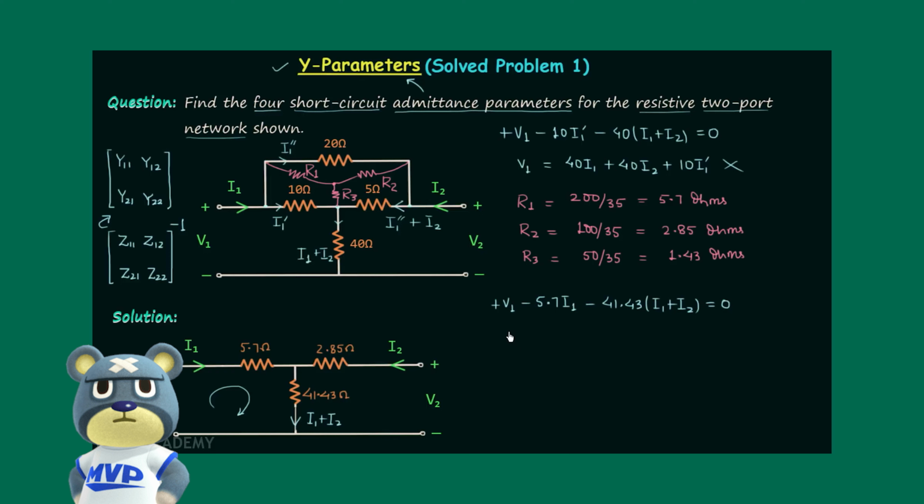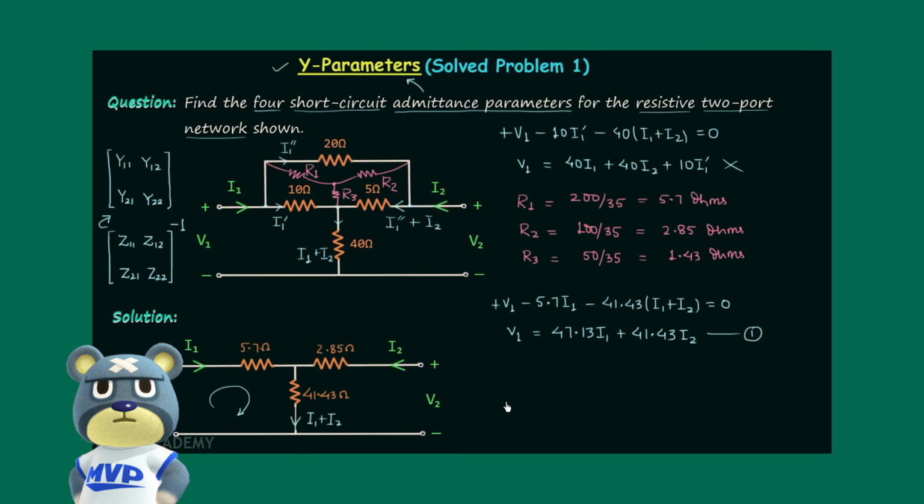From here we will have voltage V1 equal to 47.13 I1 plus 41.43 I2. This is equation number 1.